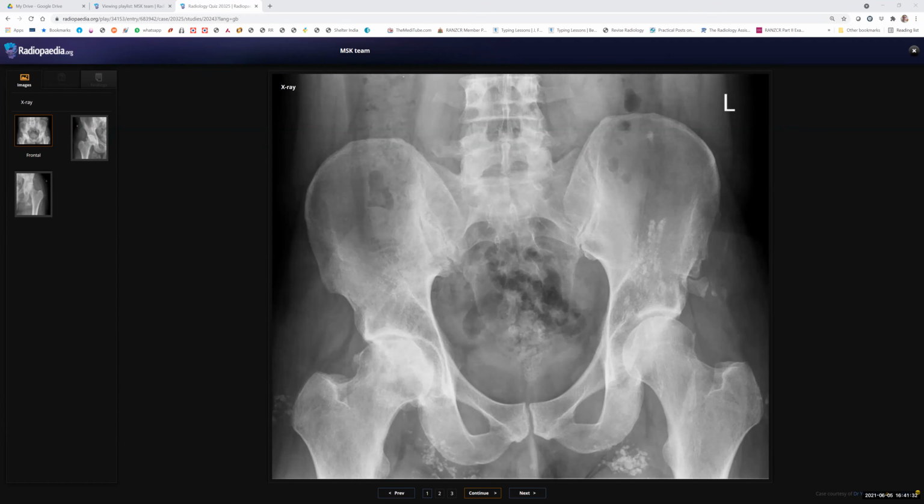So, does the patient have a history of steroid intake? You have to find that out. This would be an elderly man. And there are also these soft tissue calcifications coming around the soft tissues.